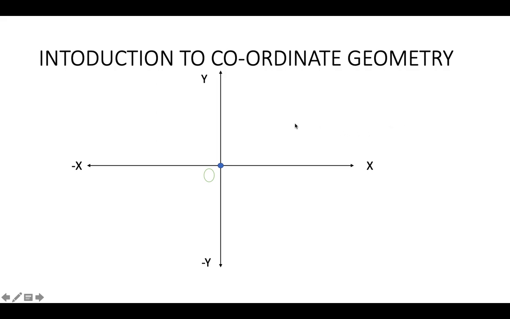If I talk of these four quadrants, we have this as the first quadrant, this portion is known as the second quadrant, this will be your third quadrant, and the last one will be your fourth quadrant. We are going in the anti-clockwise direction. In the first quadrant, both are positive, x is positive and y is also positive.